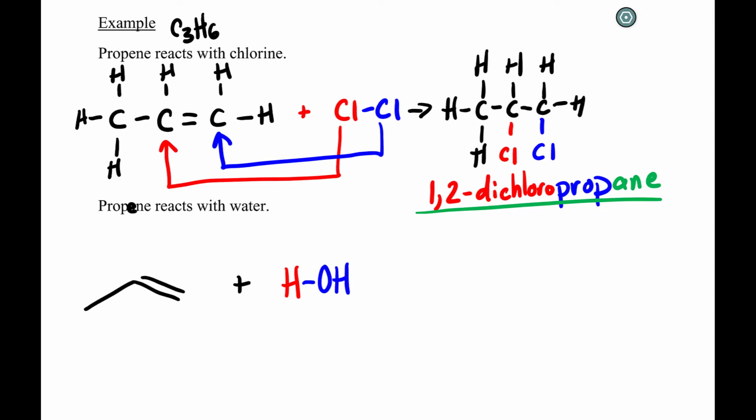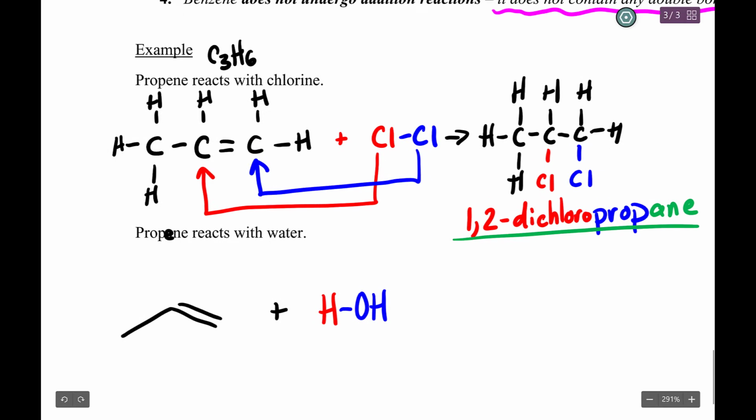Now, technically, the hydrogen can go to either of 2 of the carbons, and the hydroxyl could go to either 2 of the carbons, and we will get 2 different isomers coming out. One will happen in a higher amount, but at our level, we don't really need to know what those would be. So there's really 2 isomers coming out of here.